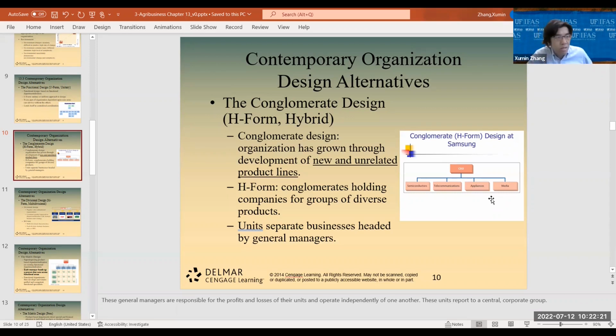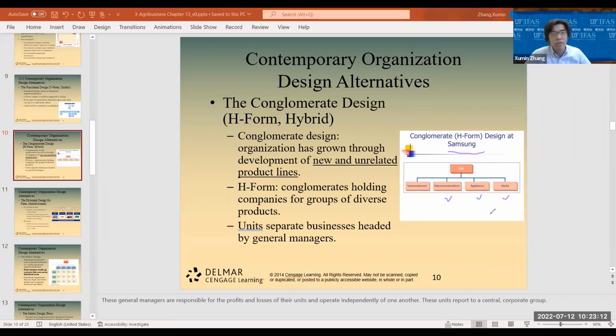Remember, we have mentioned the staff manager positions, managerial positions. They share the HR department. They share the accounting and finance department. All right, a Samsung example. I checked that Samsung has semiconductors, and then smartphones, and then appliances.